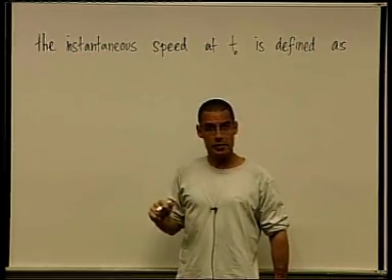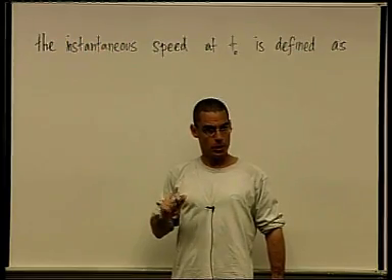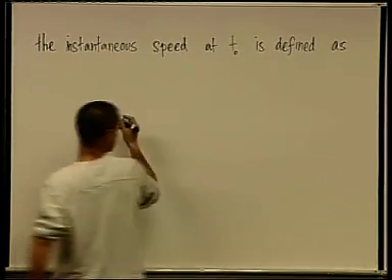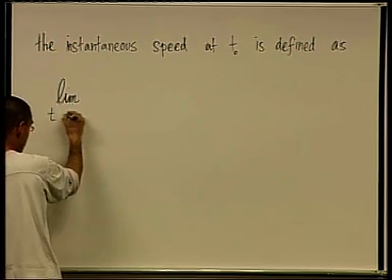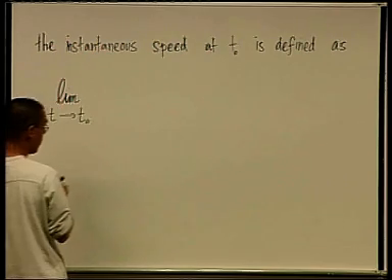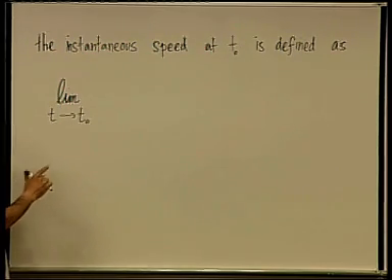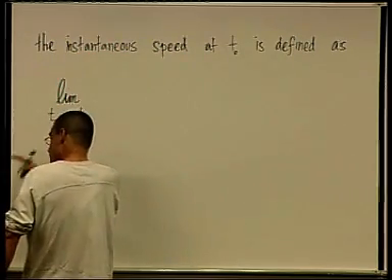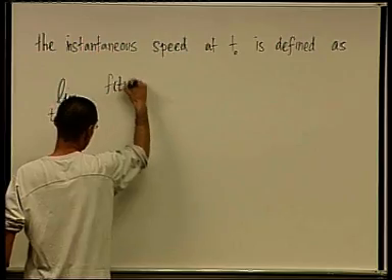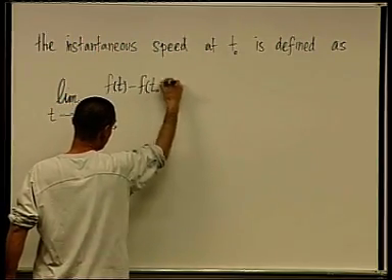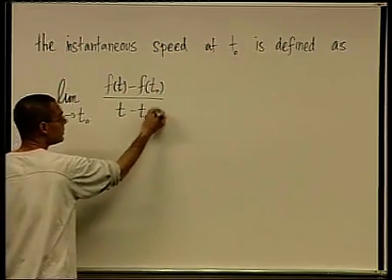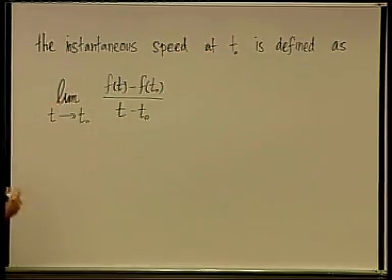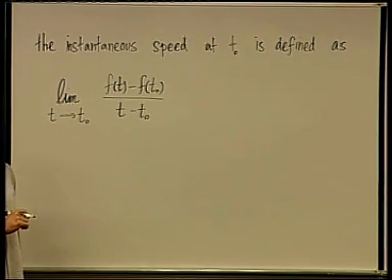We know the notion of limits. We're wise people. Is defined as the limit as t goes to t0, as t approaches t0, as this difference between t and t0 becomes smaller, of the average speeds. f of t minus f of t0 divided by t minus t0. Do you agree that this is a reasonable definition, a good definition?